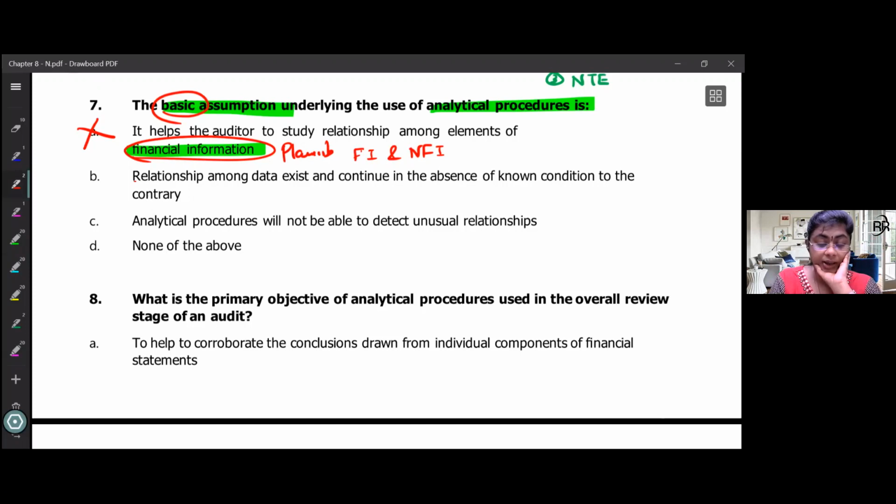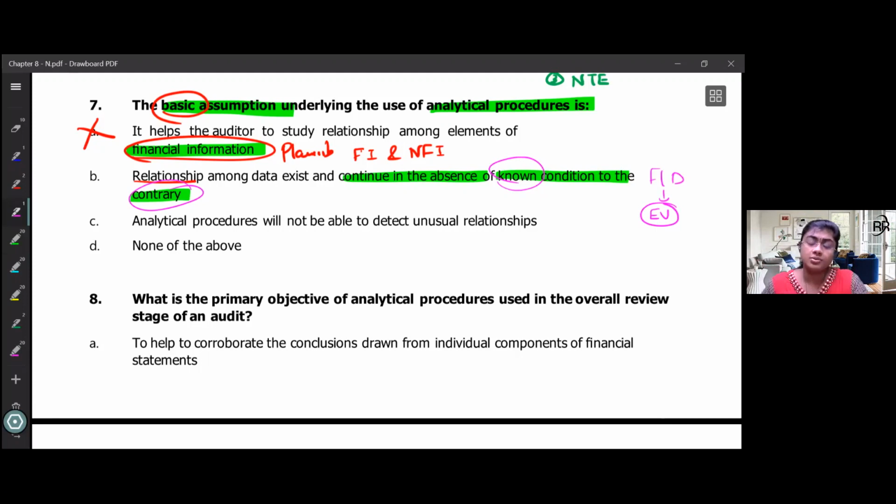Relationship among data exist and continue in the absence of known condition to the contrary. In analytical procedure, we are tracing the fluctuation or deviation when you compare it with the expected value. If you had not compared it with the expected value, without comparison, it would have been unknown and our opinion would have been contrary.